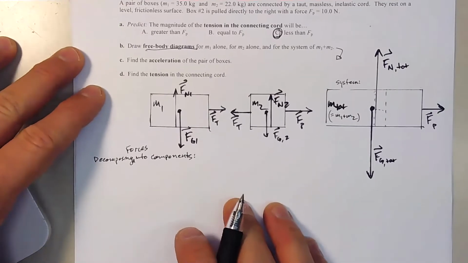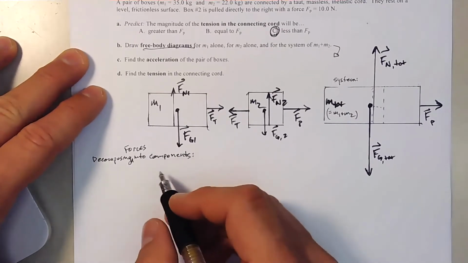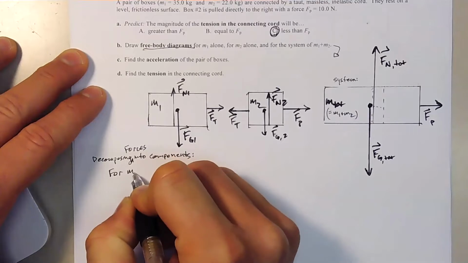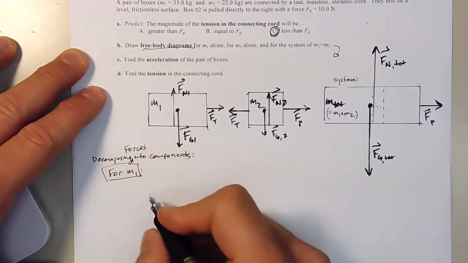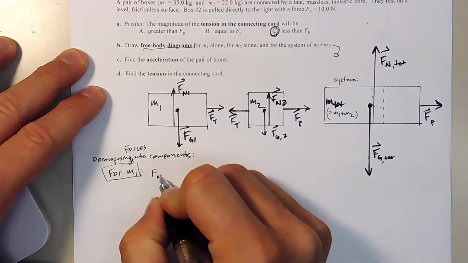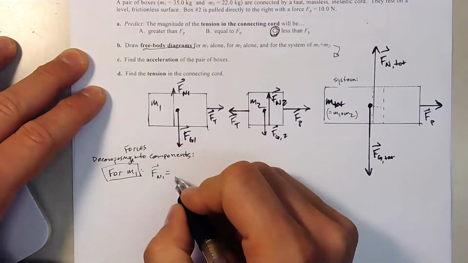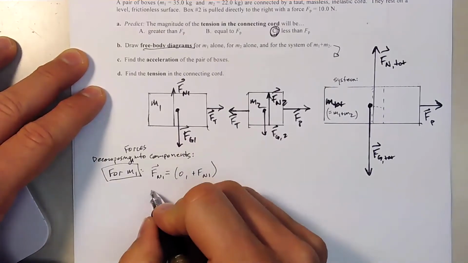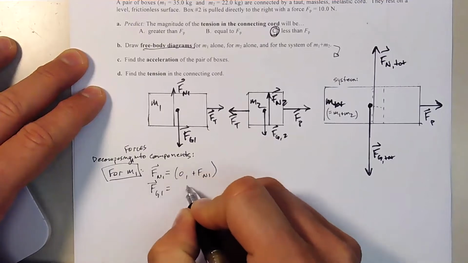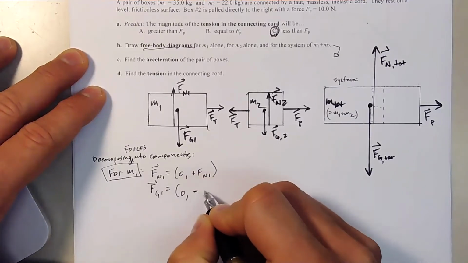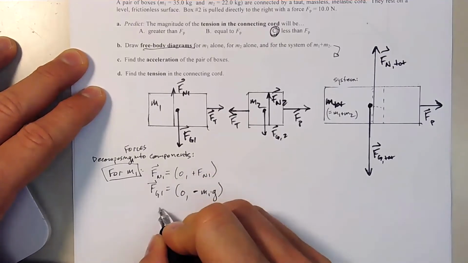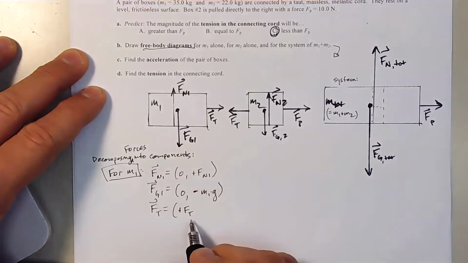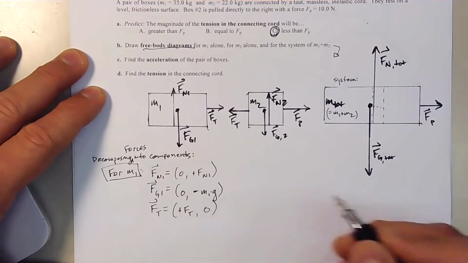If we just did box 1, box M1, then we have the normal force, whose magnitude we don't know, points upward. The weight, whose magnitude we do know, points downward. And then this tension to the right. The entire magnitude points in the positive x direction, and that's it.